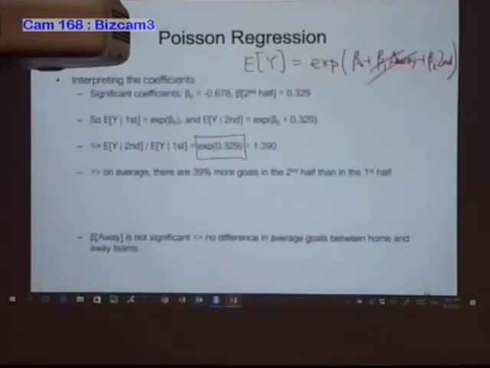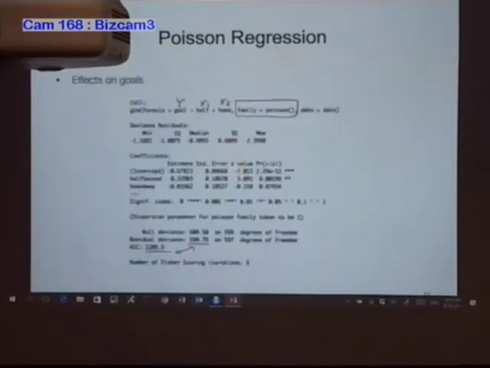This one should be roughly the same as this one, and that's fine here. So you can say that in football matches, the number of goals roughly follows a Poisson distribution, and this is a good model to apply here.